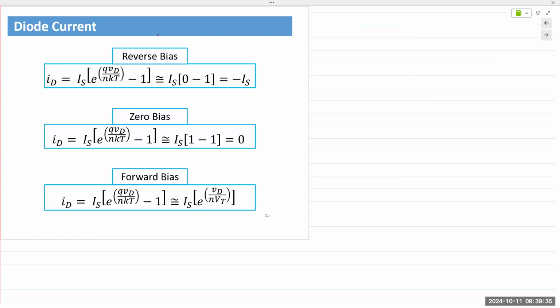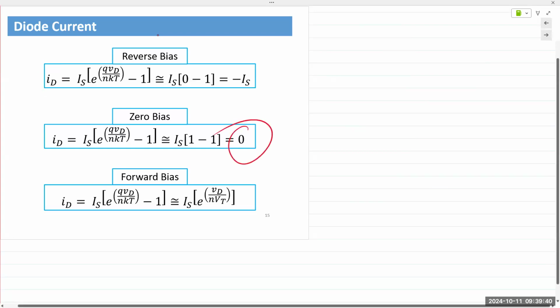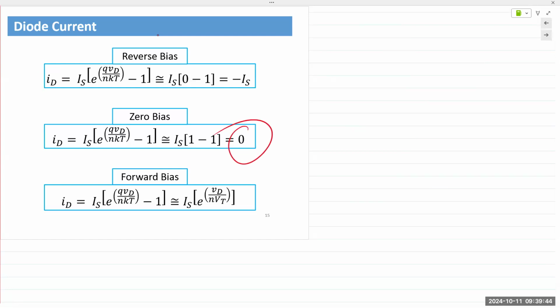The term e raised to 0 becomes 1, minus 1 gives us 0, which makes sense. If diode voltage is 0, then diode current should also be 0, right? If diode voltage is 0, ID is 0. That's the first. The PN junction is at equilibrium. No changes.